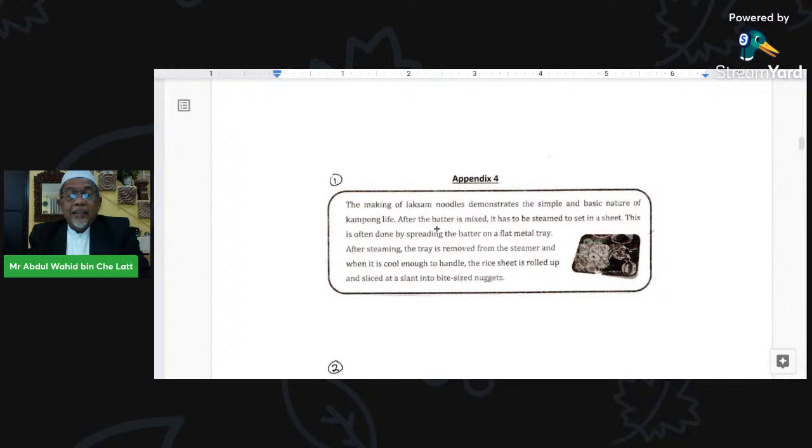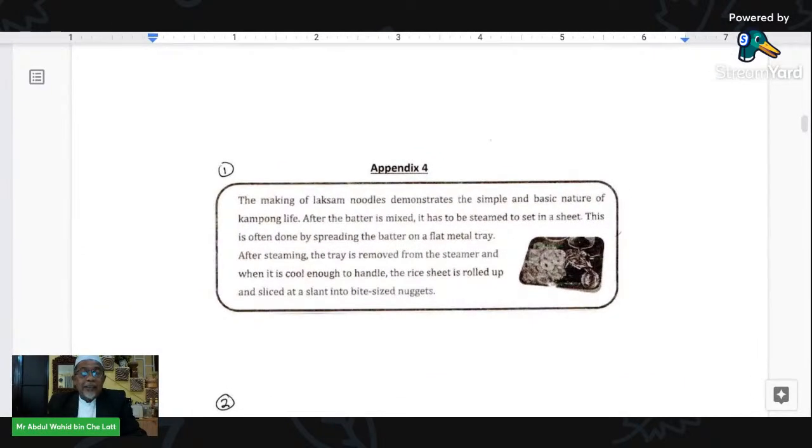After the batter is mixed, some element of human touch, the form is plus past participle mixed. It has to be steamed to set in a sheet. This is often done, some form of human touch. The form is plus the participle done, by spreading the batter on a flat metal tray.